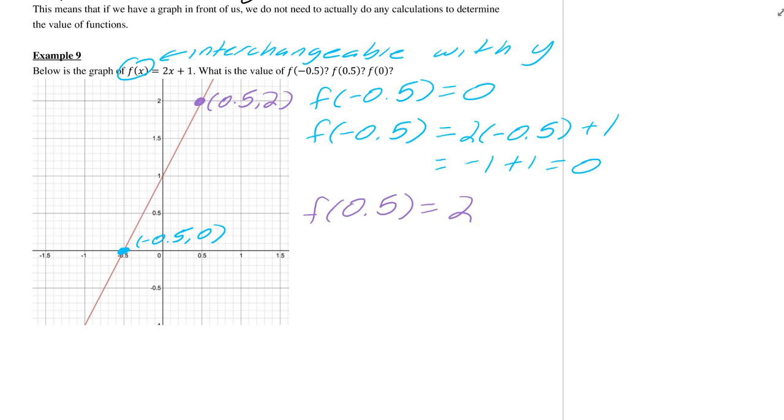So here's 0 on the x-axis, and now I just come up to where this is on the graph. This is the point 0 comma 1. So what this means is f of 0 equals 1. So there are two ways that I can evaluate this. I can plug the number into the function and figure this out, or I can just read it straight off the graph. And since f of x and y are interchangeable, this strengthens what I know about working with the graph.